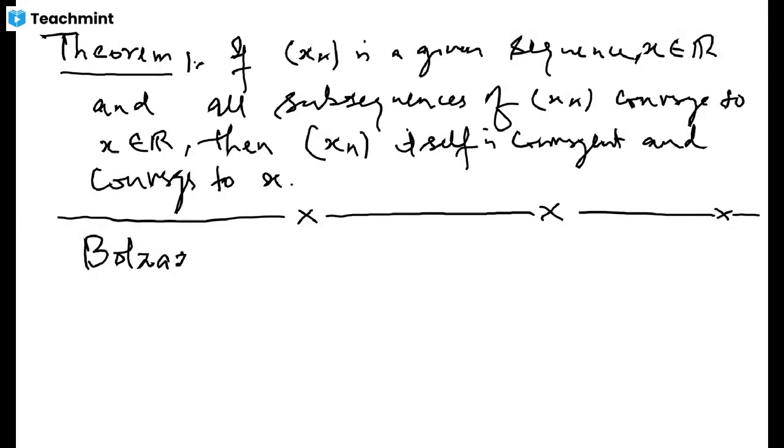This theorem is also known as the Bolzano-Weierstrass theorem for sequences. We have done the statement of this theorem for sets in unit chapter 1, so we will do it here now for sequences also.